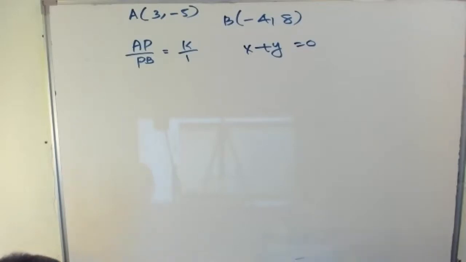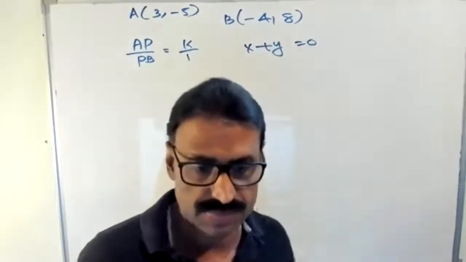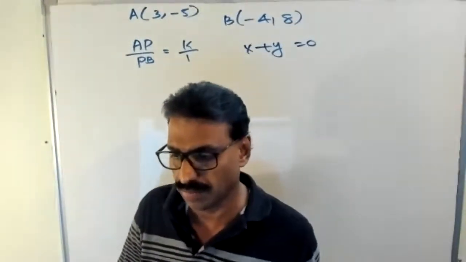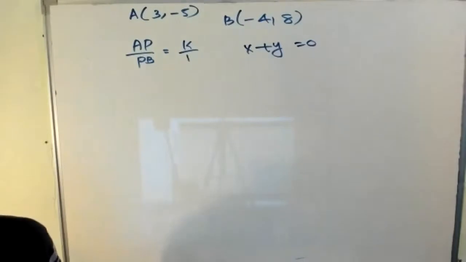Okay, K equal to 1 by 2, not minus 1 by 2. Others, check your answer. Okay, finish. K equal to 1 by 2.